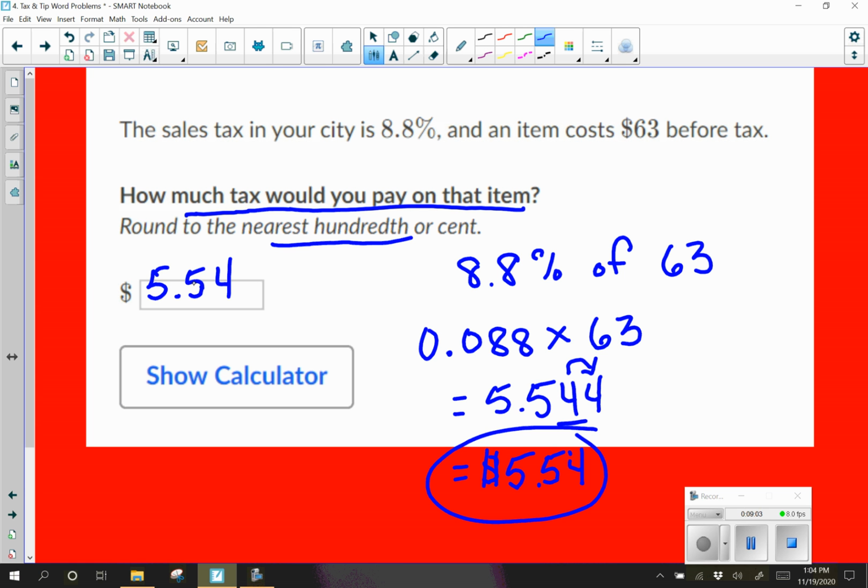If it had asked what would be the total amount you would pay with tax, then we'd have to take the original cost of the item, which was $63, and add that $5.54. And again, if you had wanted to do this as a proportion, you could have. You would have done 8.8 over 100 equals x over 63, and then followed those steps, which would eventually lead you to the answer of 5.54 or $5.54.